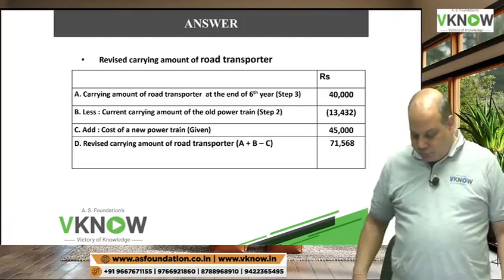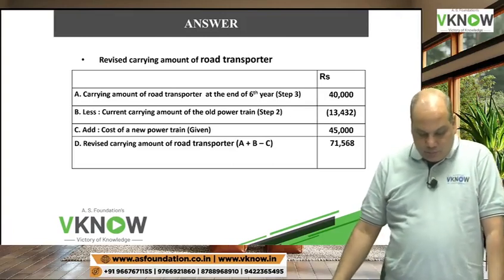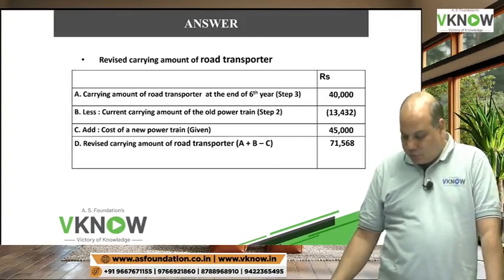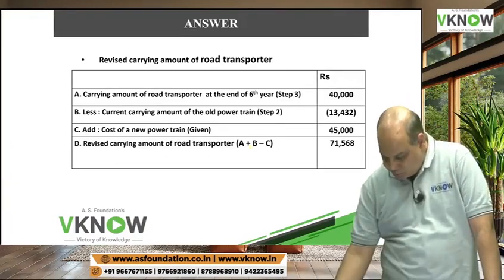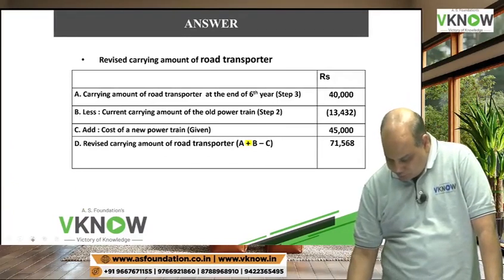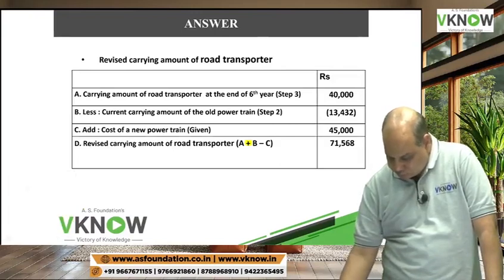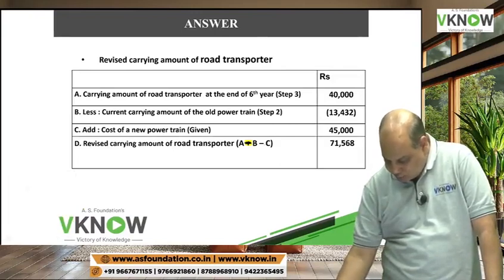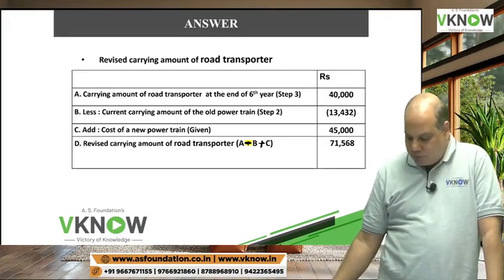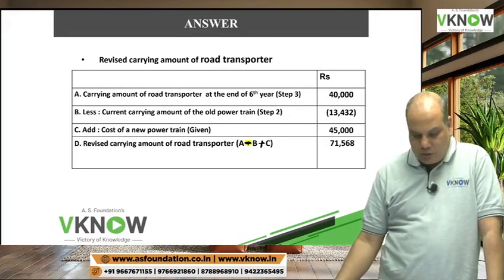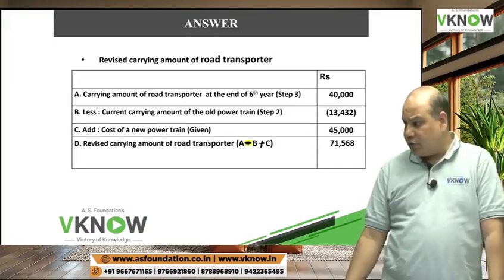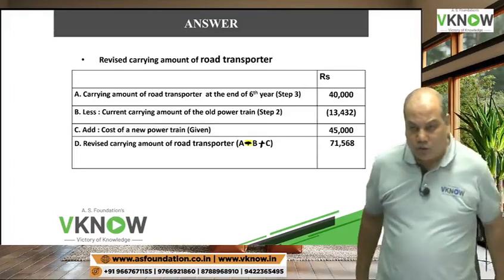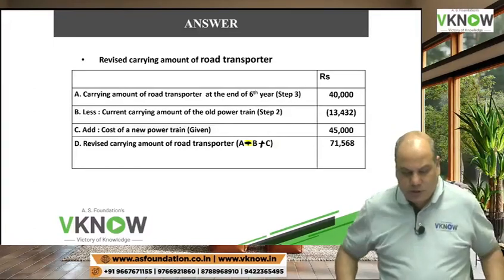Point D, revised carrying amount of the road transporter: A minus B plus C. 71568. Is it right? 71568.